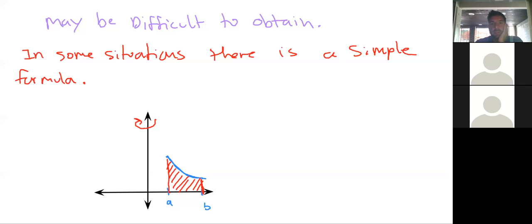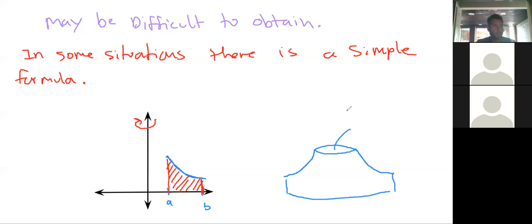And when I rotate this region about the y-axis, I get sort of what you might think of as a volcano type solid. So we get sort of this shape. It has a hole up top.